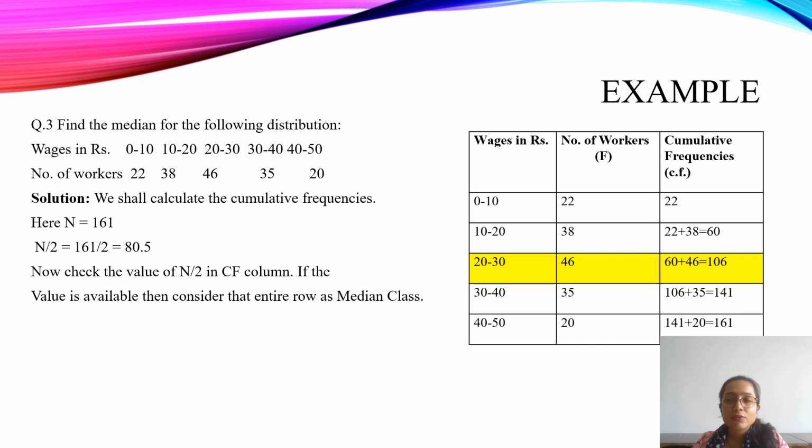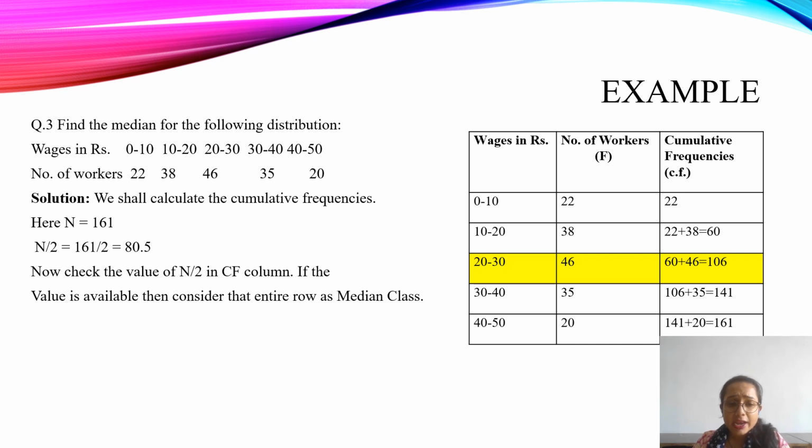Then we have to calculate n by 2. So 161 divided by 2 is 80.5. Now I have to check whether the value of n by 2 is available in the CF column or not. As I can see, 80.5 is not given in the CF column.